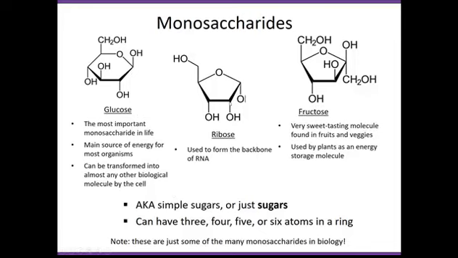So right here we have 1, 2, 3, 4 carbons and an oxygen in this ring, right? Here we have 6 and here we have 6. So we can have a variety of monosaccharides, and what we're looking at here is just 3 of the many that are out there.